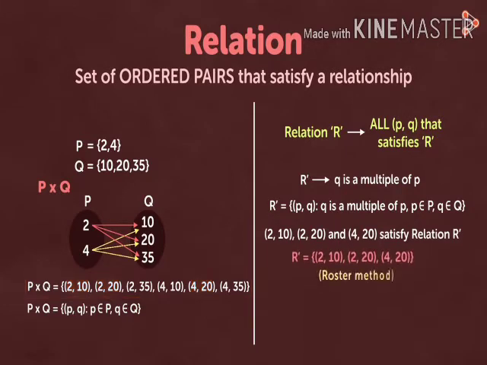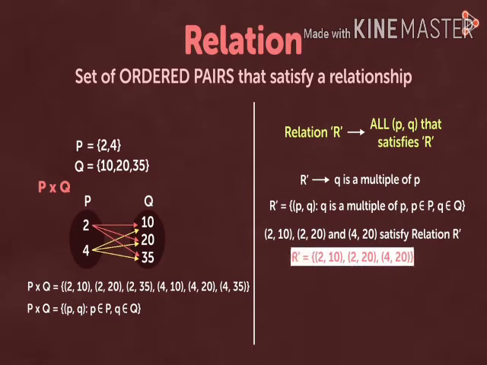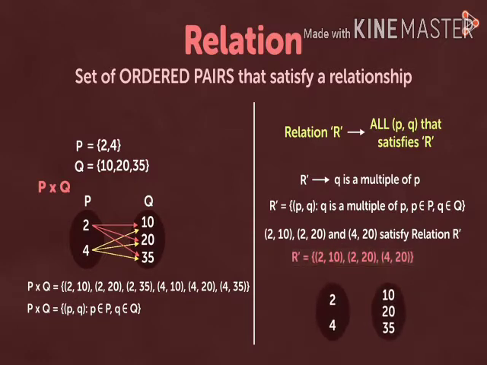This is the roster method to represent set R'. Roster means list. So we can say that the ordered pairs in set R' are all listed like in a roster. Set R' can also be represented using an arrow diagram.